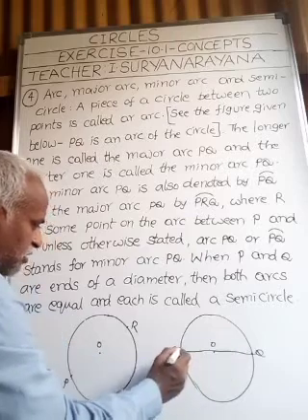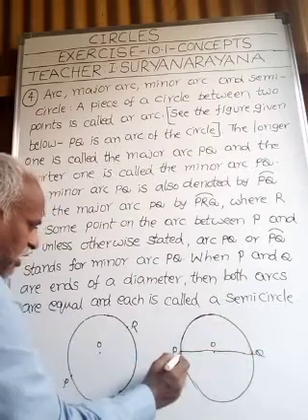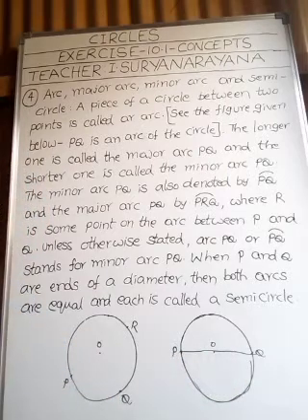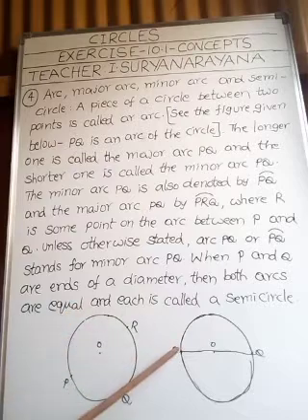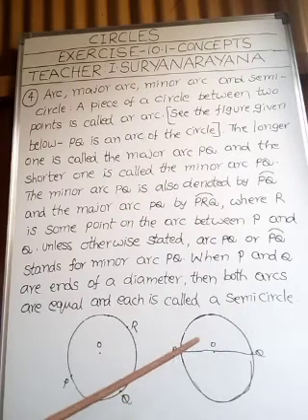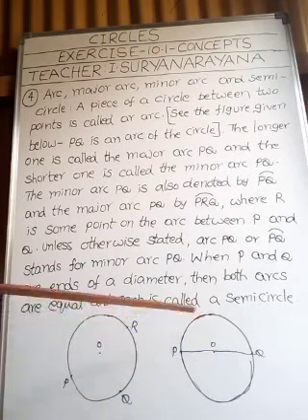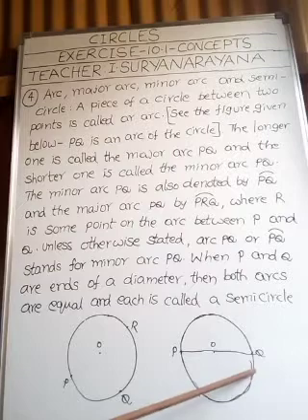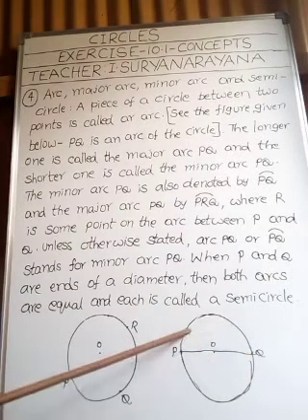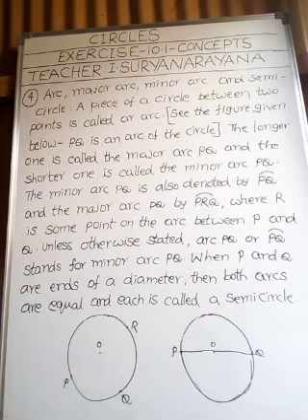So this part of the circle and this part of the circle are both of equal length, and both these arcs are called a semicircle. Understood this point, my children? The downside part of the circle and the above part of the circle are each called a semicircle. Is this point clear, my children?